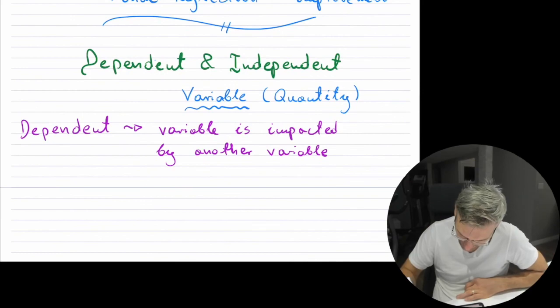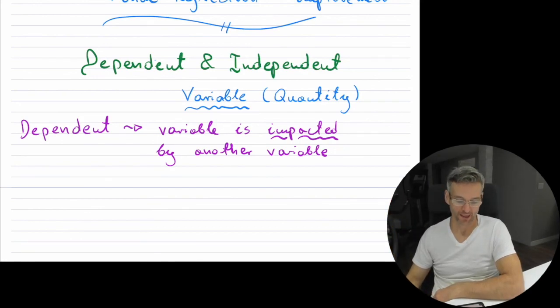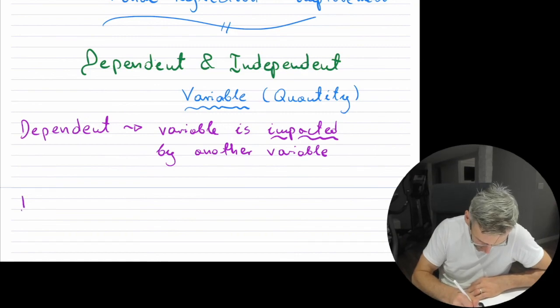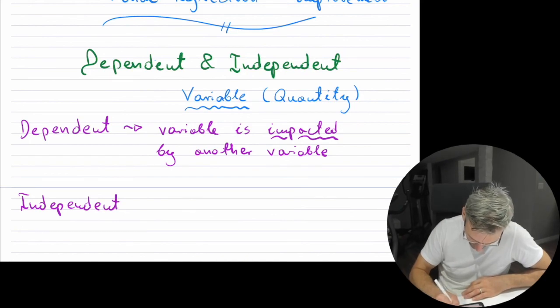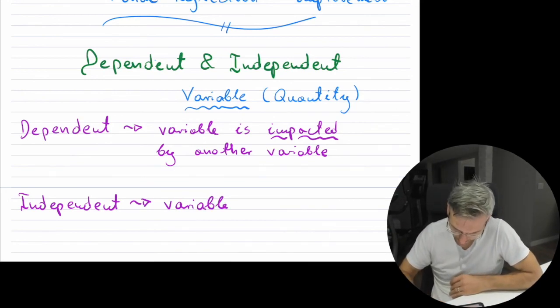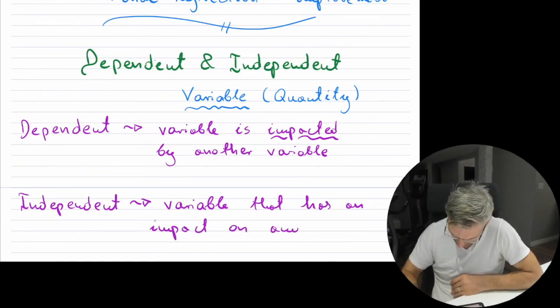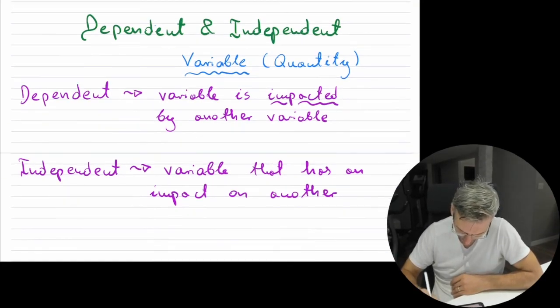The word impacted is kind of a synonym for being dependent. It is impacted by something else. And an independent variable, in our context, is a variable that has an impact on another variable.